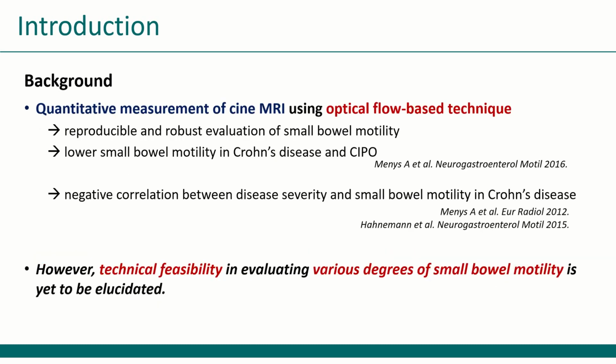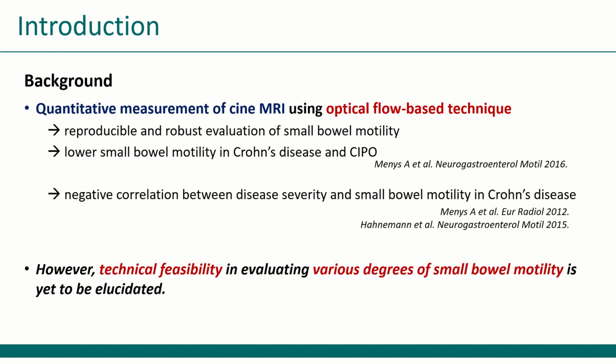Typically, radiologists qualitatively evaluate bowel motility on Cine MRI. However, quantitative measurement using optical flow-based technique has been devised. Previous studies using this technique have demonstrated reduced bowel motility in patients with Crohn's disease or chronic intestinal obstruction.